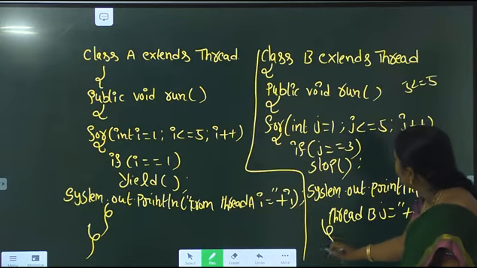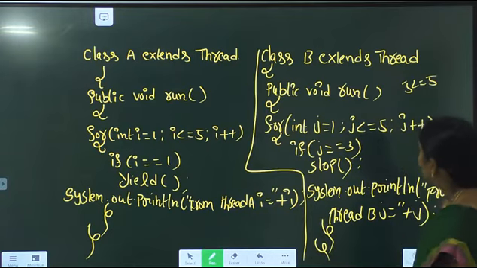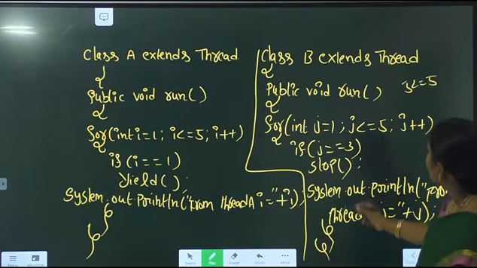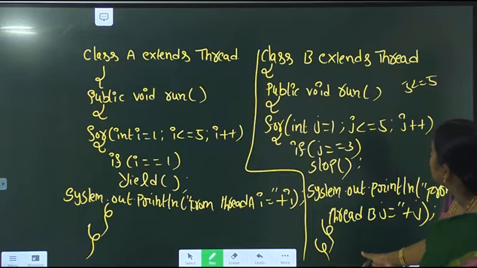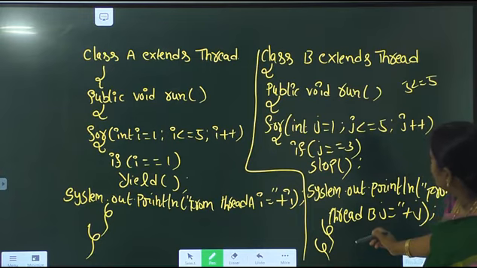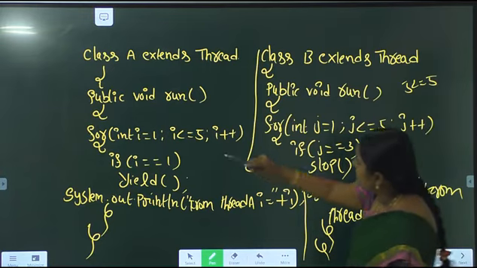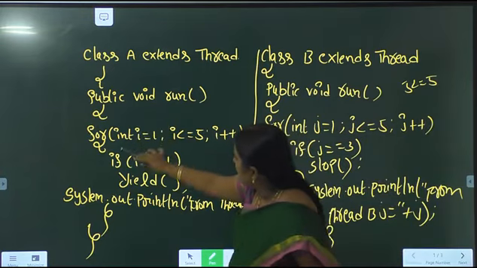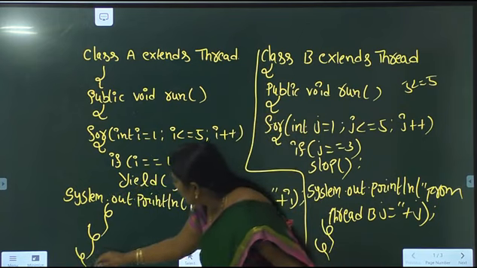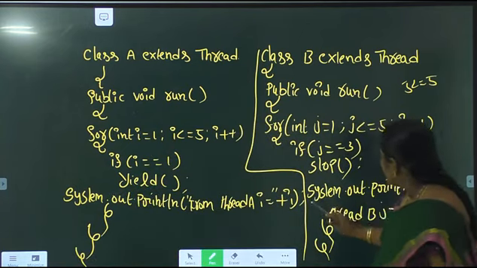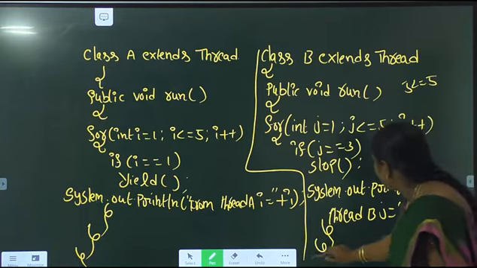Here I am closing the for loop body, the run method body, and the class body.